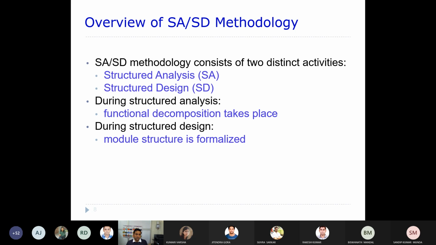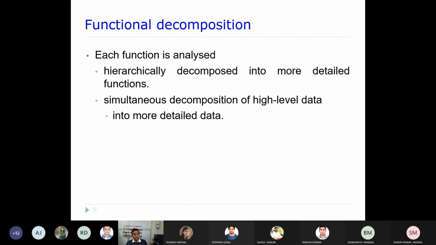This is how structured analysis and structured design can be broadly differentiated. We decompose the larger function as part of functional decomposition into smaller, detailed functions.